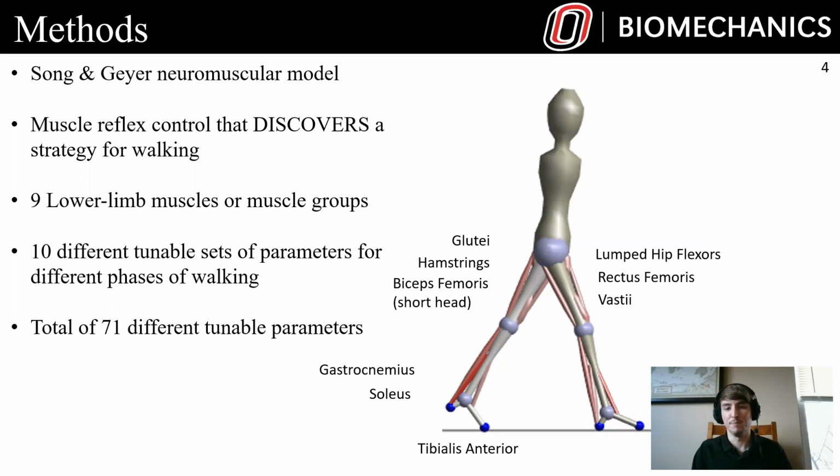We don't need to provide motion capture. We don't need EMG information. It's truly just a walking model where you're tuning some parameters of how the muscles contract in order to achieve a strategy for walking. So this is able to handle a very dynamic environment, one that we present with these assistance forces at the center of mass.